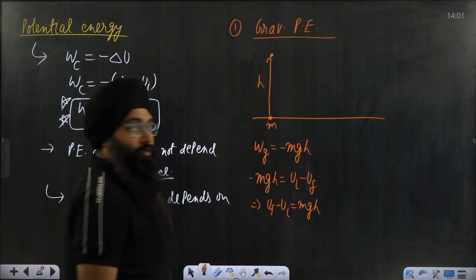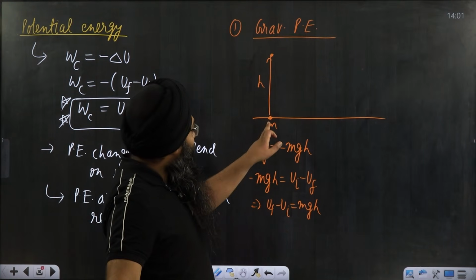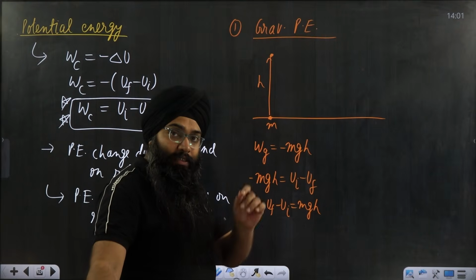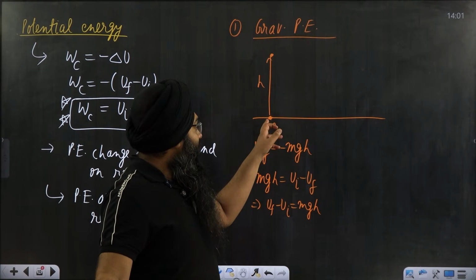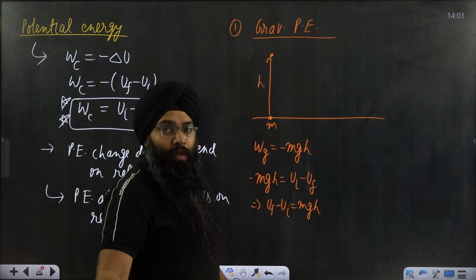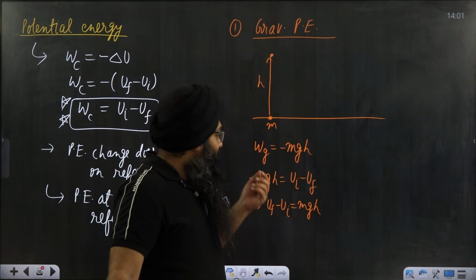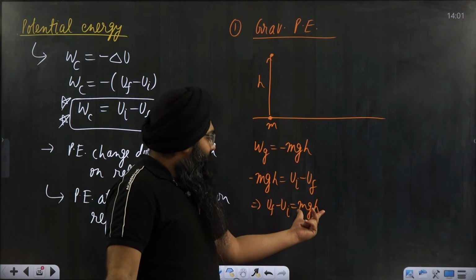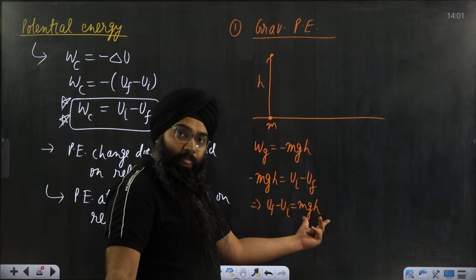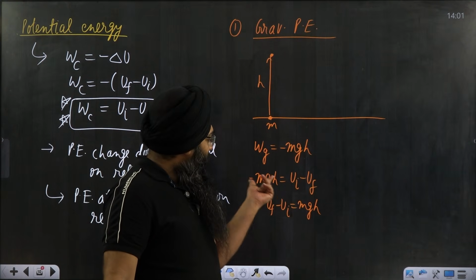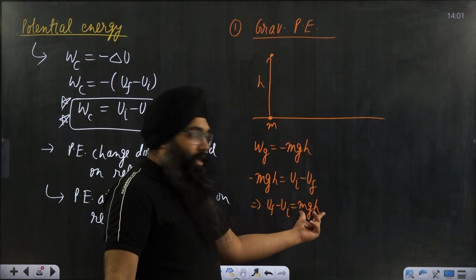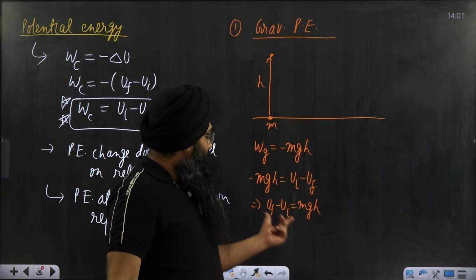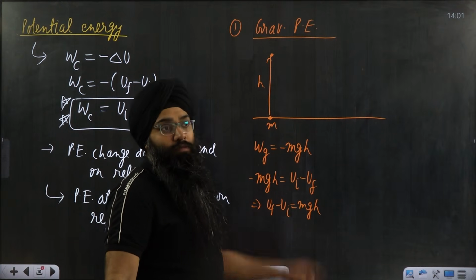That means if a particle is taken against the conservative force, please understand very carefully, the work done by the external agent against the conservative force will be positive, so the potential energy will increase.